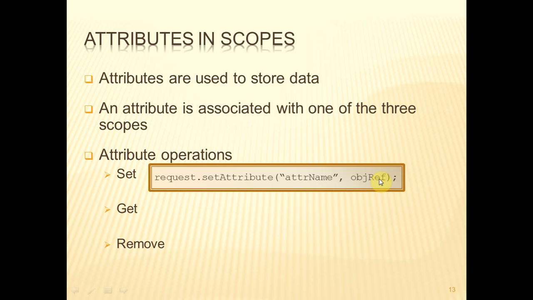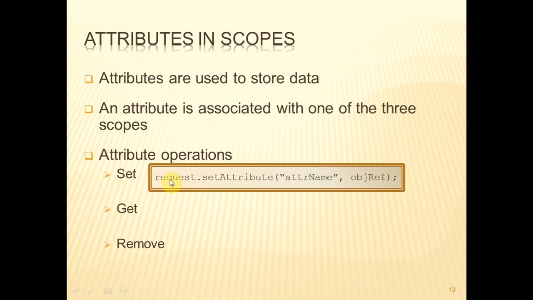Having got this object ready to be put into the scope, we can then call from the request object .setAttribute, and we specify two parameters. The first is a string, which is the name by which this attribute is going to be known within the scope, and then the reference to the object that is going to be the attribute.